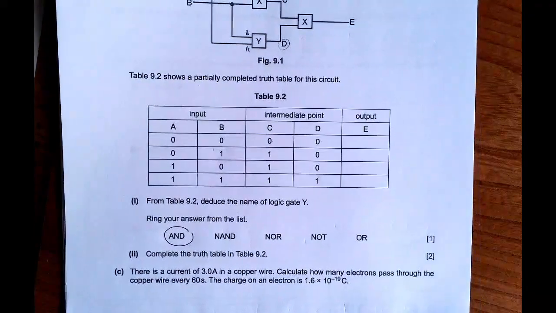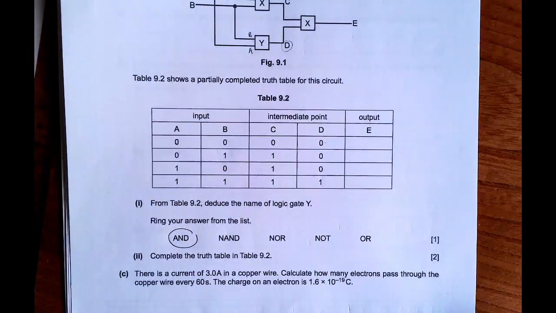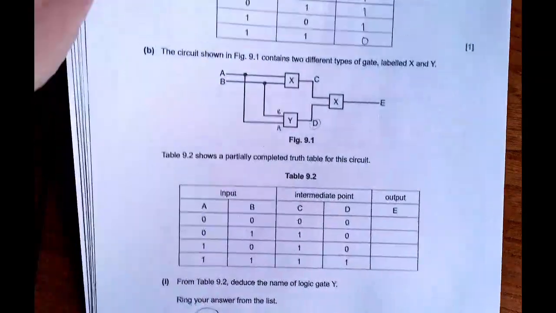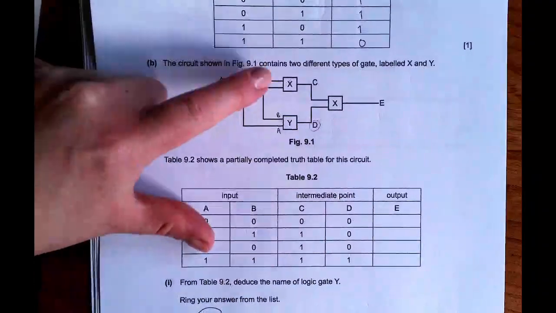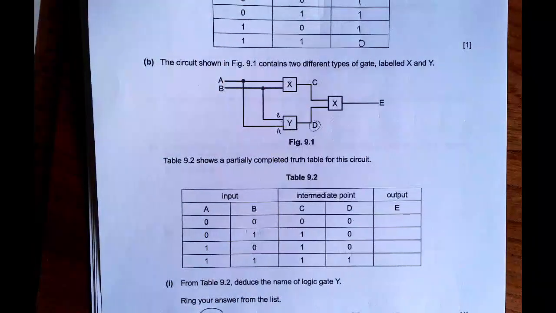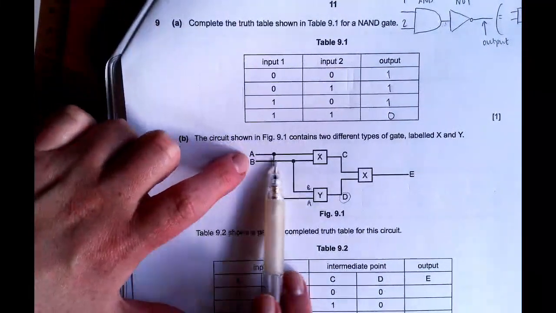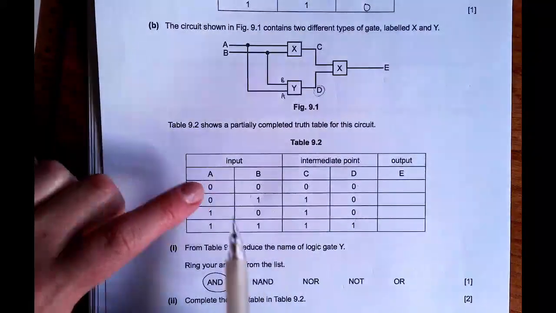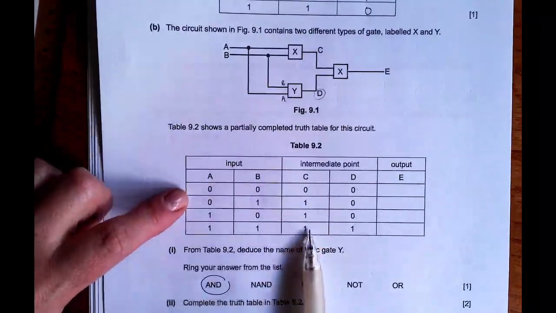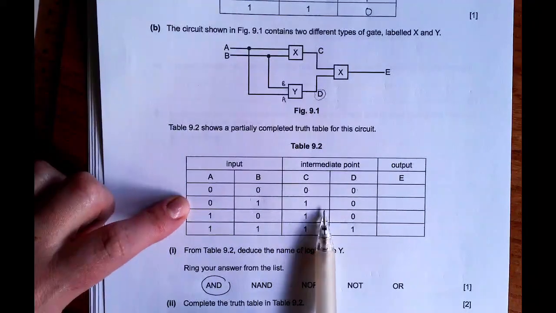So then it asks you to complete the truth table in 9.2. So what we know now is that this is an AND gate, and we can now work out what the X gate is. So we can see that A and B are inputs to X, giving an output C. So you can hopefully see that the output of gate X is nearly always a 1.